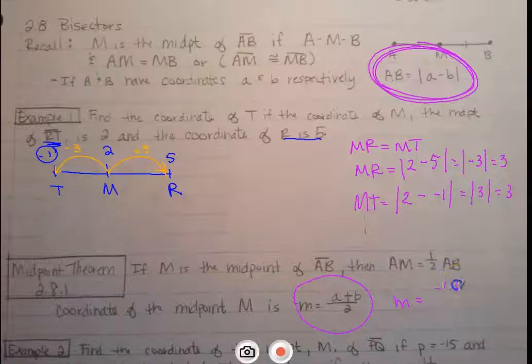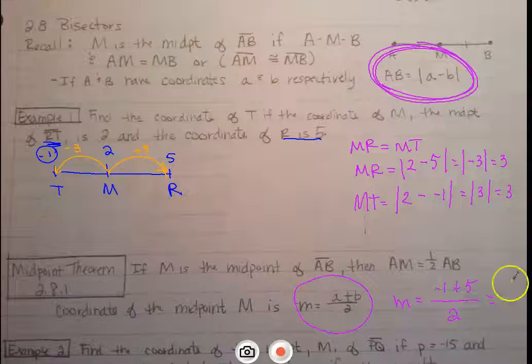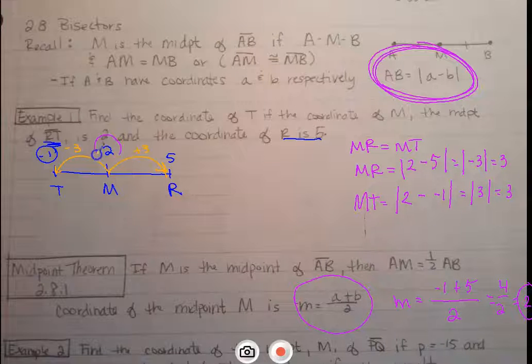So -1 plus 5, if we're using the example we just did, divided by 2. -1 plus 5 is 4, divided by 2, and so that equals 2. Wasn't that where our point was for M? Was that 2? Okay, so we can find our point for the midpoint if we use that formula.